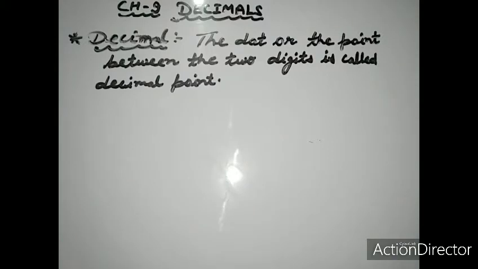Okay students, this is the definition of decimal. The dot or the point between the two digits is called the decimal point.